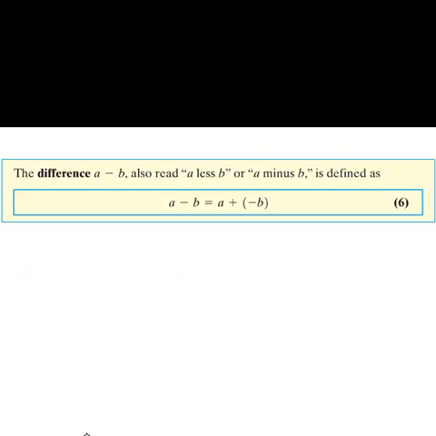All right. When we say the difference between two numbers, A and B, that means A minus B, which you could also think of as A plus negative B. So 3 minus 2 is the same thing as 3 plus negative 2.